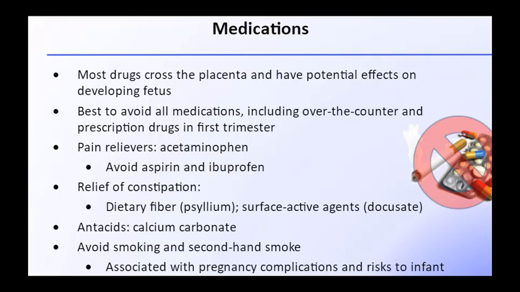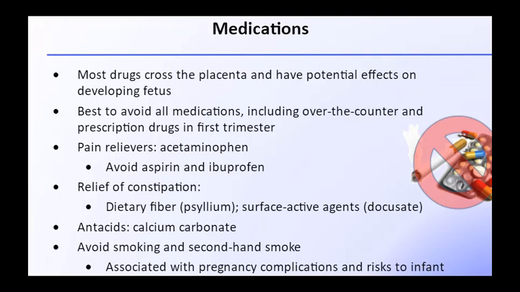Generally, acetaminophen may be used for pain relief, but non-steroidal anti-inflammatory drugs, such as ibuprofen and aspirin, should be avoided, especially in the third trimester, because of constriction of the fetal ductus arteriosus and risk for persistent pulmonary hypertension in the newborn. For constipation, dietary fibers such as psyllium or surface-active agents such as docusate can be used. Calcium carbonate may be used as an antacid.